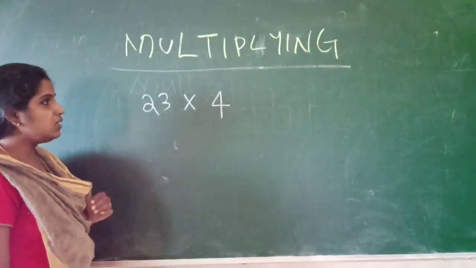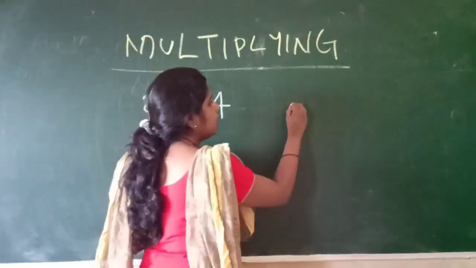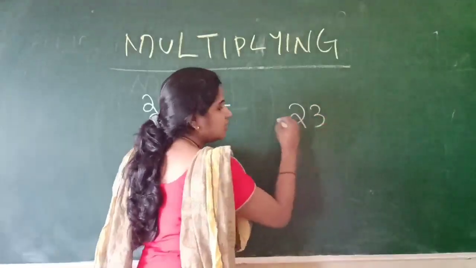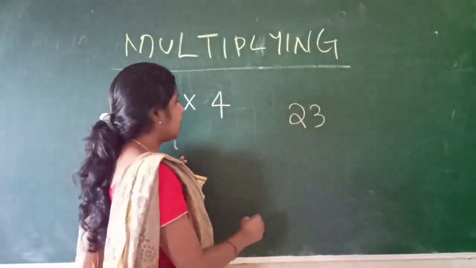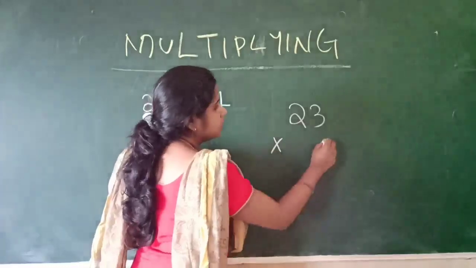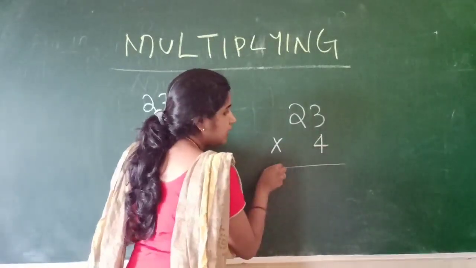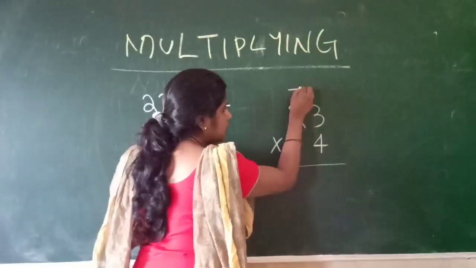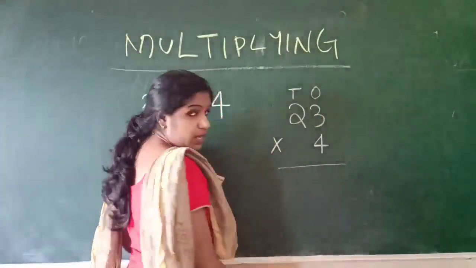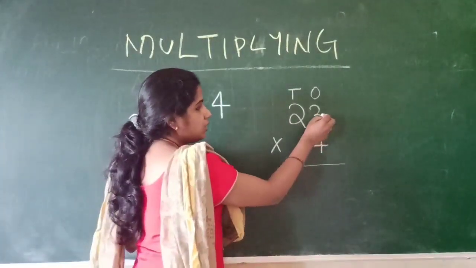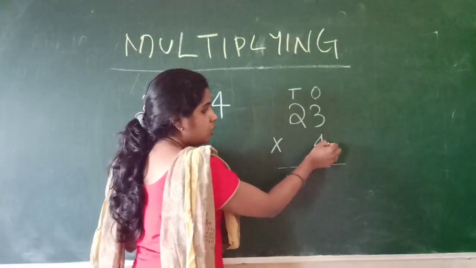Okay, in the general method we are using it like 23 multiplied by 4. See the places: this is the tens place, this is the ones place. I am writing this 4 under the ones place.